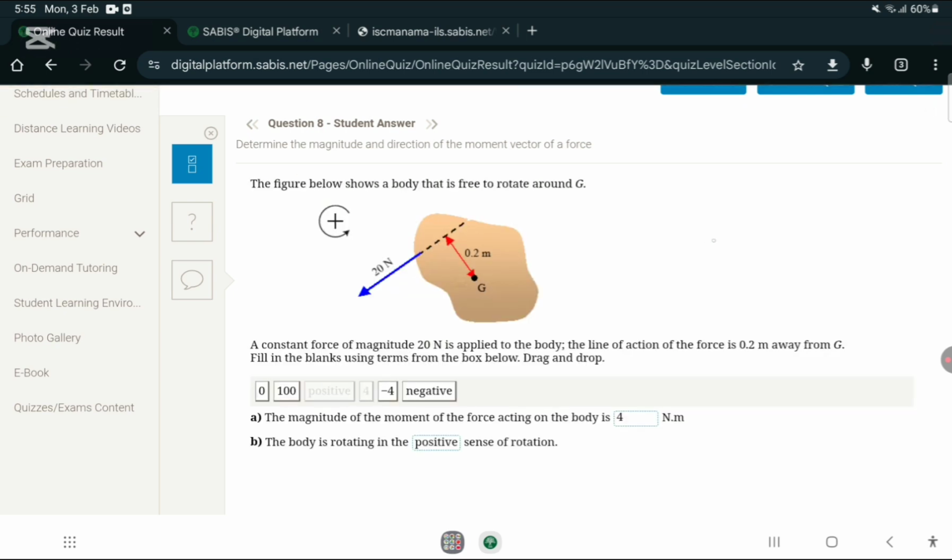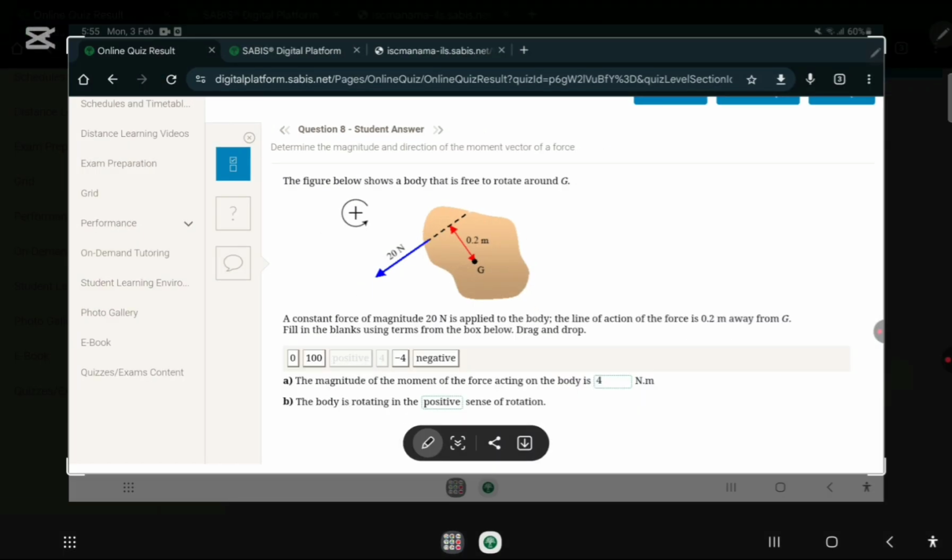Okay, this one as well. Firstly, you can do it this way. This is the axis of rotation, and the force is going like this. It's going to be moving this way around the axis of rotation, so it's going to be moving counterclockwise.